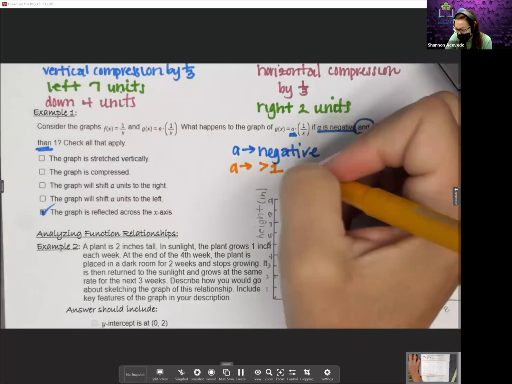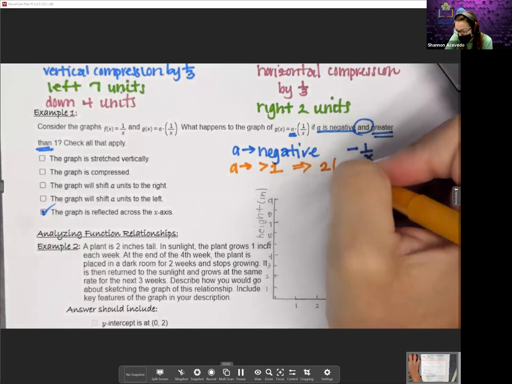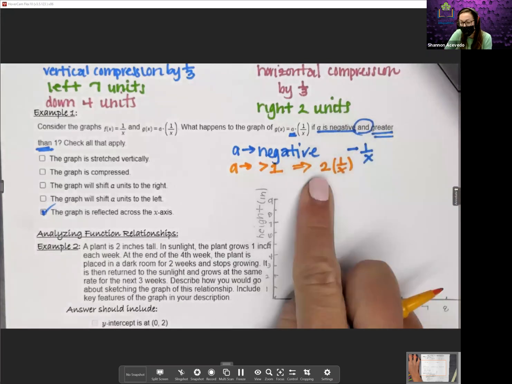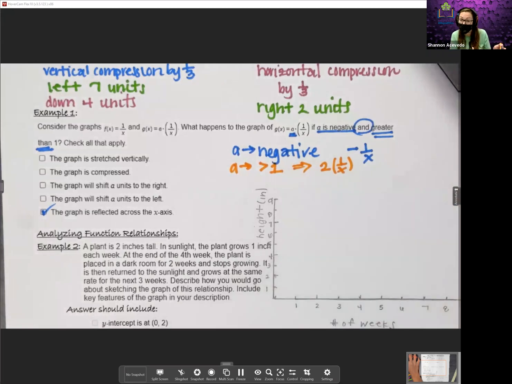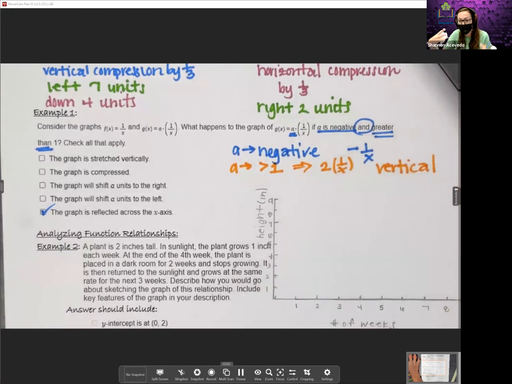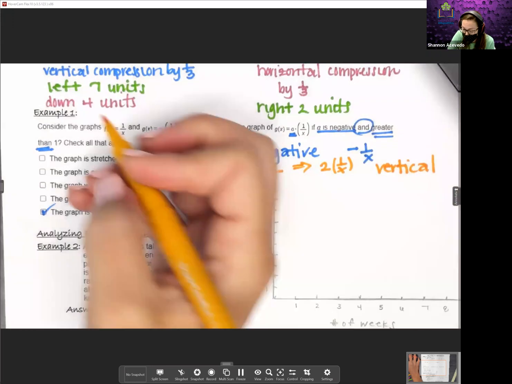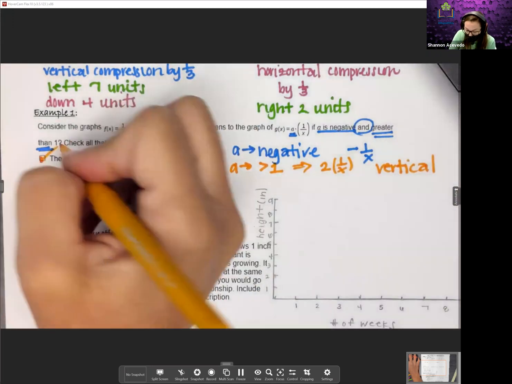What if it's a value such as 2 times my 1 over x? Well, if it's a value of 2 that's greater than 1, it's out in front, right? So if it's out in front, we should know that it's going to be some type of vertical. If it's going to be vertical and it's greater than 1, then we know it's going to be a stretch.